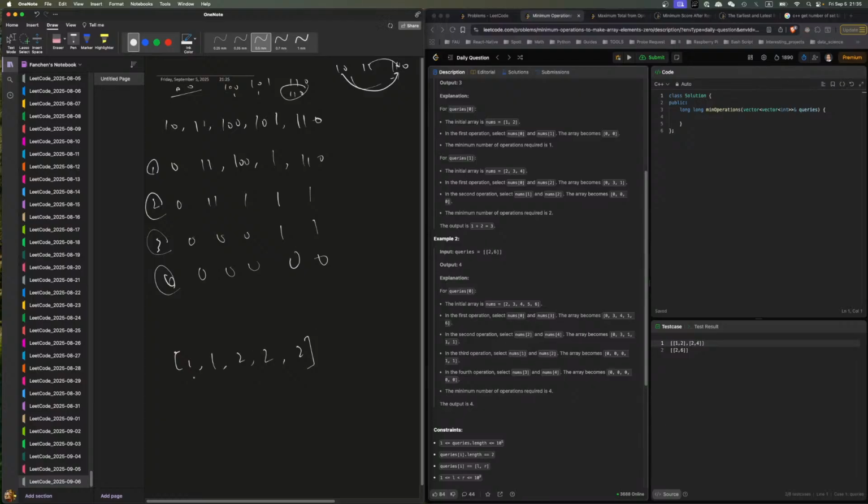Because you have to reduce everybody to 0. If you add them together, it's 8, right? And each time you can minus 2. So the minimum number is 8 divided by 2, which is 4. So we cannot do better than 4. 4 is the best. And then we want to know, just no waste, right? That's what we want. We don't want any waste.